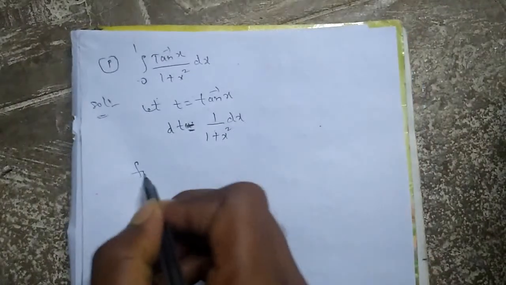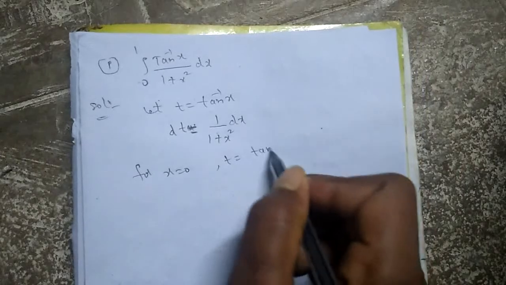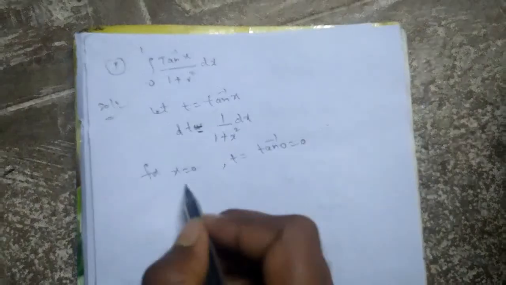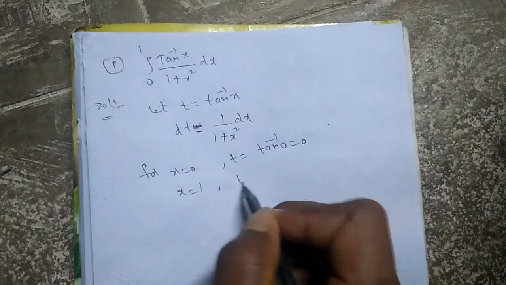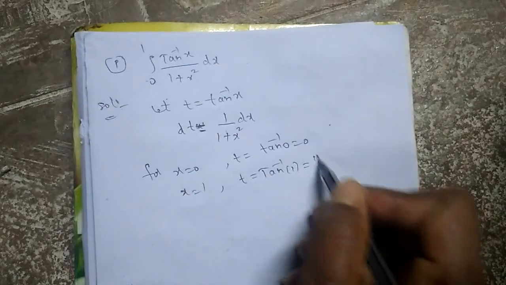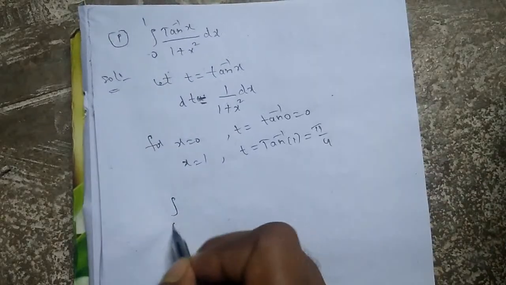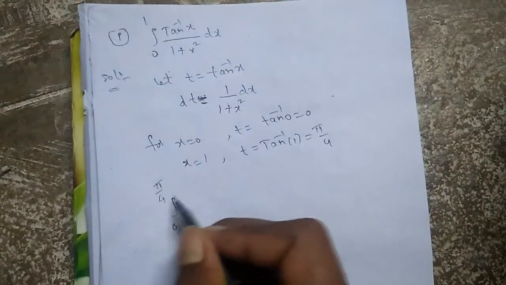Now for x is equal to 0, t is equal to 0, and for x is equal to 1, t is equal to pi by 4. Now convert the integral, that is 0 to pi by 4.